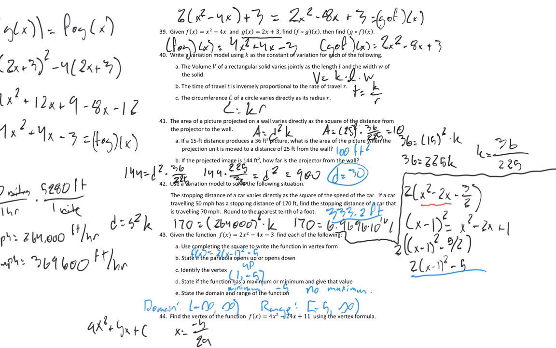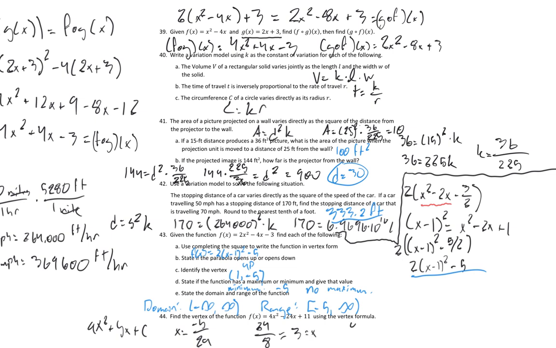Sometimes called h, but the x value of the vertex. So b in this case is negative 24, so negative b is positive 24, over 2a, which is 8. A is 4, 2 times 4 is 8. So 24 divided by 8, that's 3.